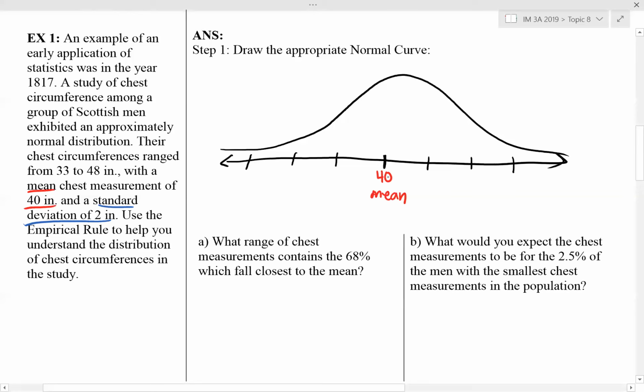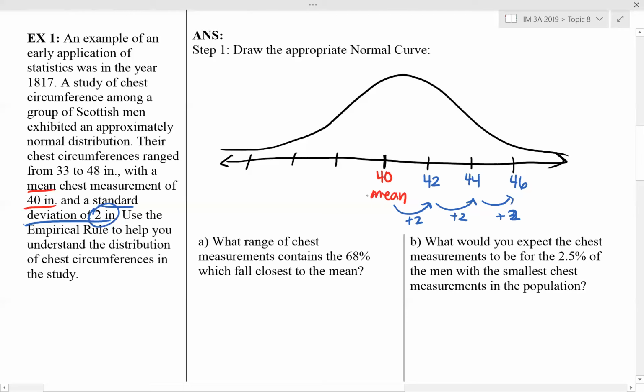So I'm going to add and subtract the number 2 to get the rest of my values. 40 plus 2 is 42. So I'm doing mean plus 2. 42 plus 2 tells us that the next value is 44, and then the mean plus 3 standard deviations, plus 2 again, is going to give us a value of 46.